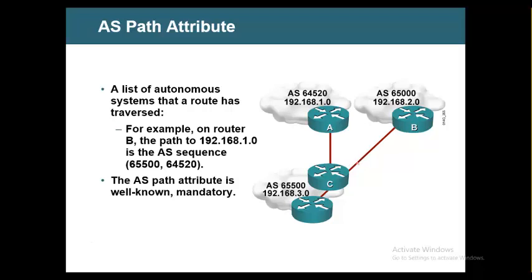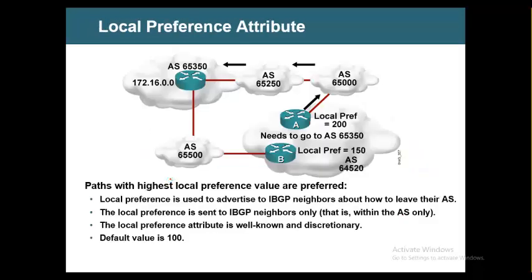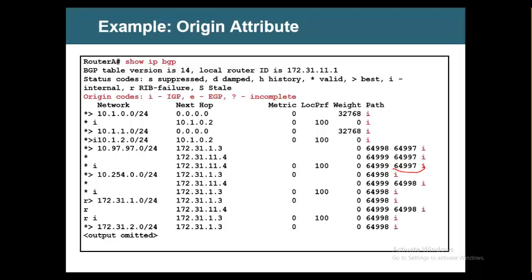So when you receive an update, whatever you see first is the immediate autonomous system number, and the following is the next immediate, meaning the last one is the one from where it originated. Let me show you an example. This is the place where this network originated, and from this autonomous system it is received. What if this router is also part of 64999, this AS?